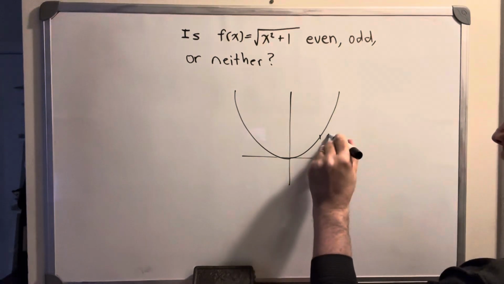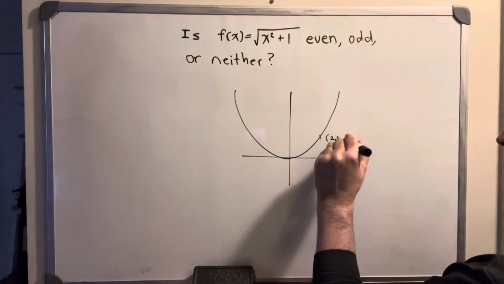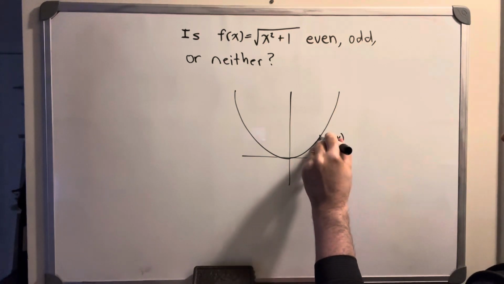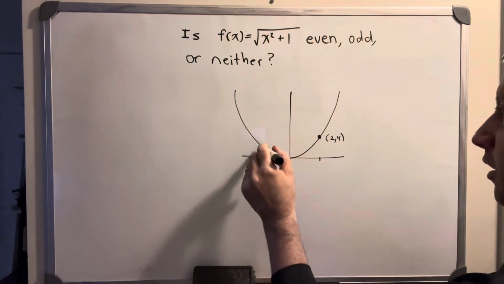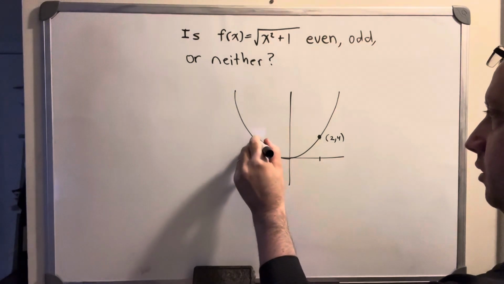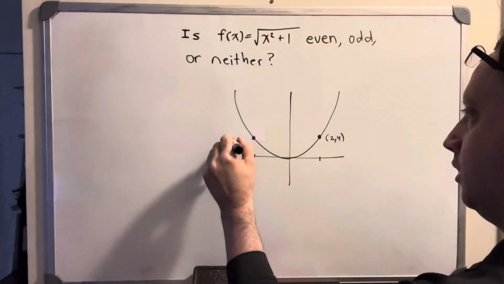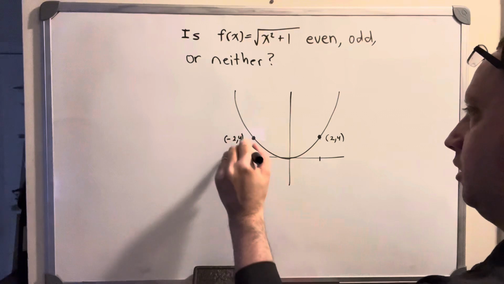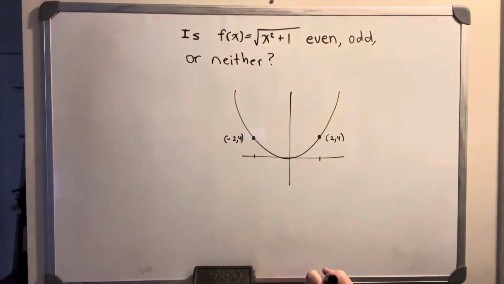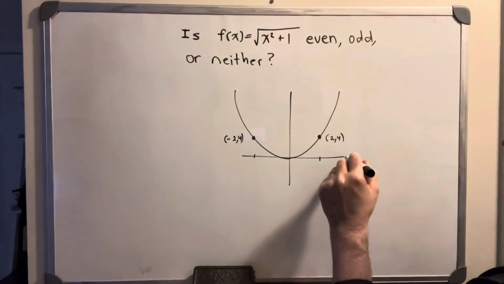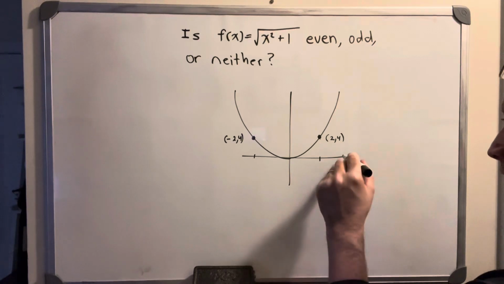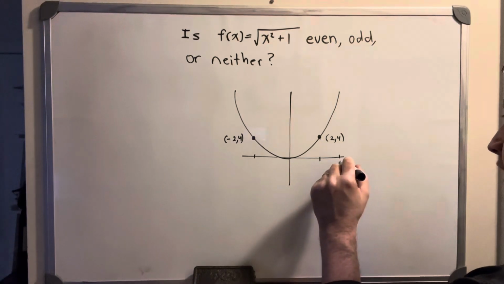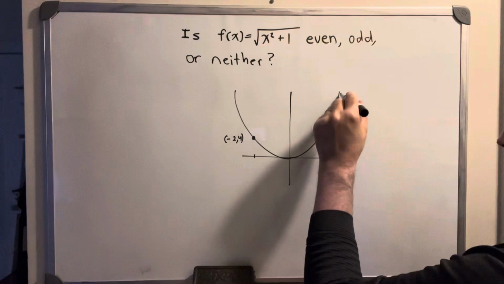Let's say this point right here is 2, 4. And then this point is minus 2, 4. Have you got a definition in mind for an even function yet? Let's say this is some value a. I didn't even say what it was.